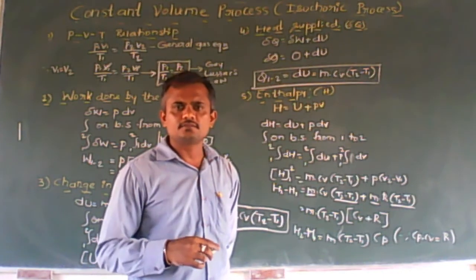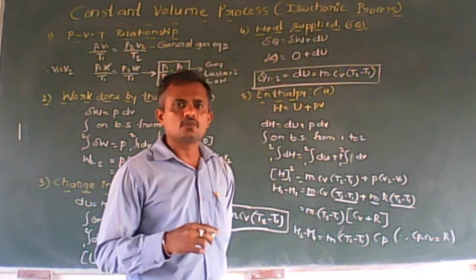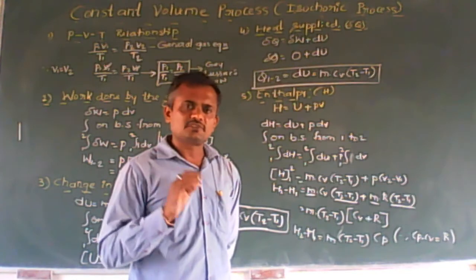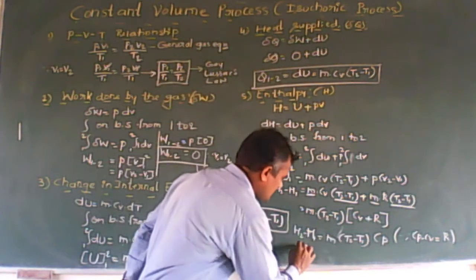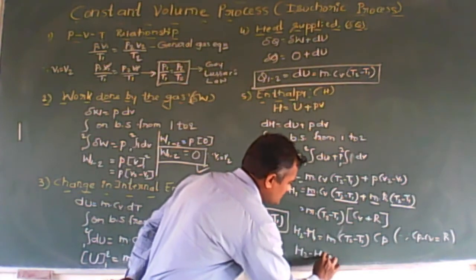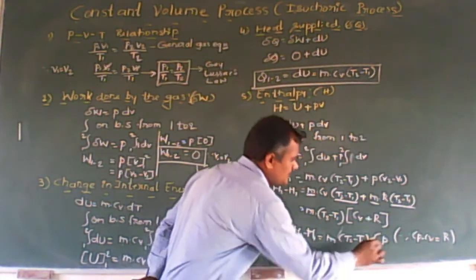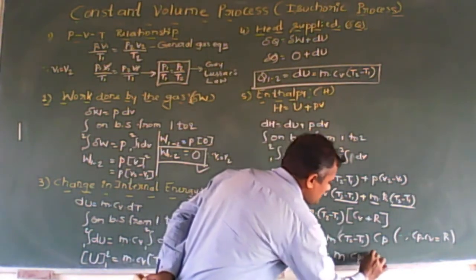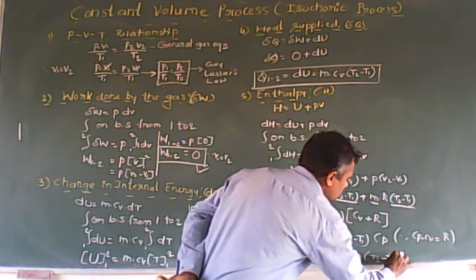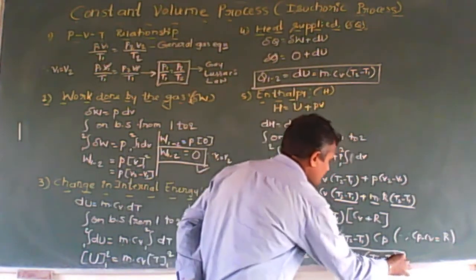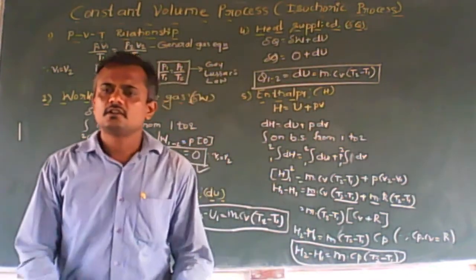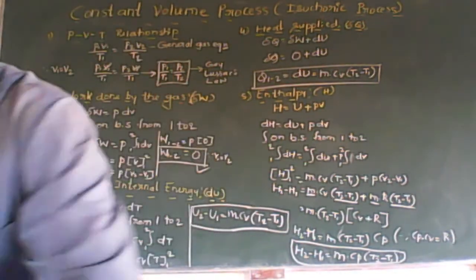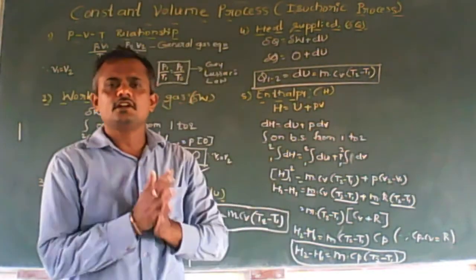You can see the previous video to learn the relationship between the two specific heats and the characteristic gas constant R. Afterwards I can arrange it properly: H2 minus H1 is equal to m into Cp into T2 minus T1. So this is the general expression for enthalpy during a constant volume process.